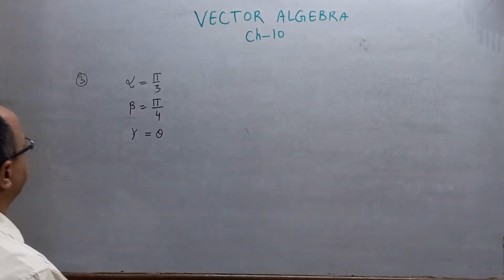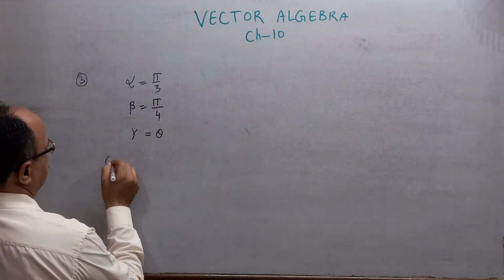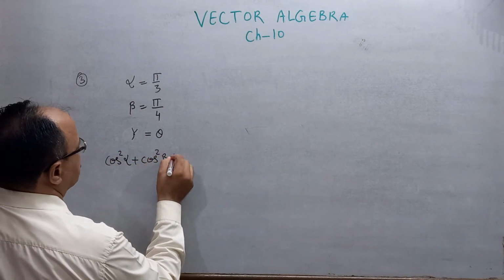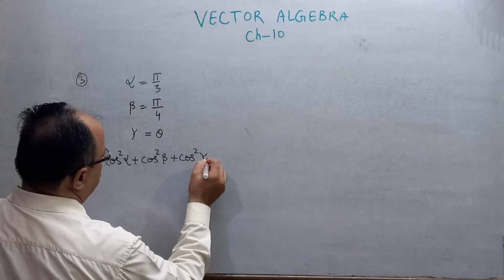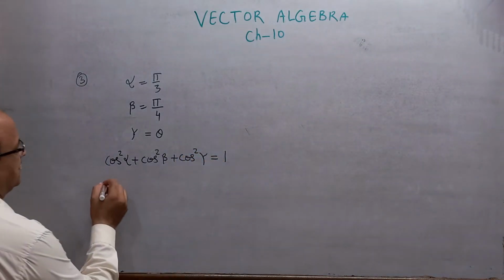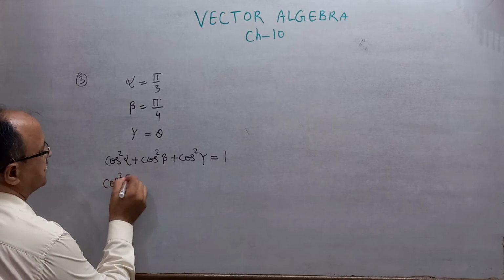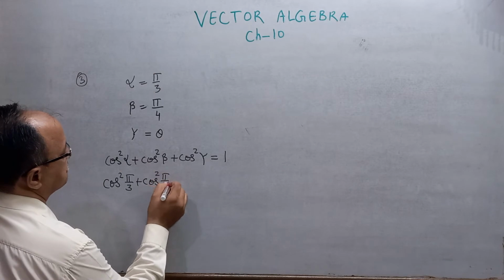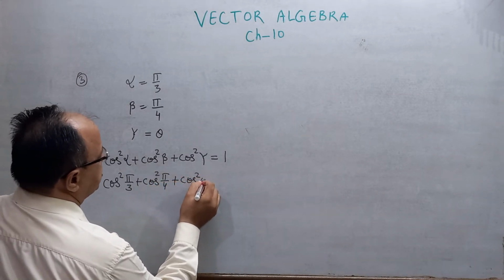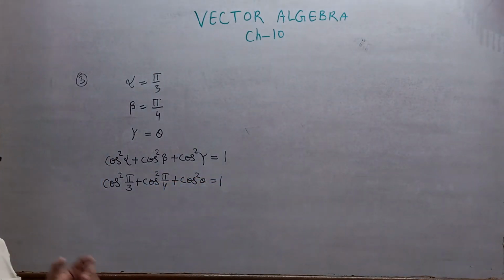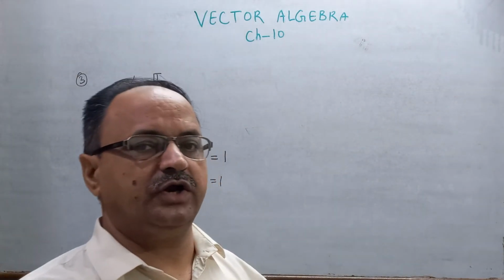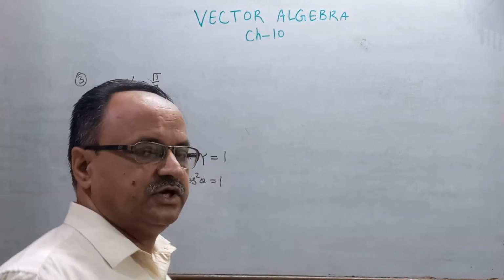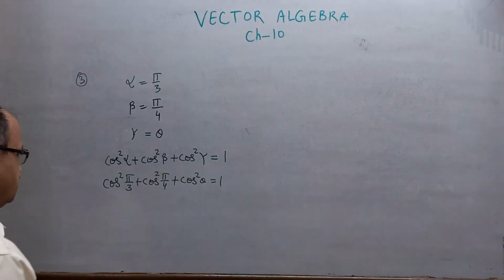You know that formula very well: cos square alpha plus cos square beta plus cos square gamma is equal to 1. So cos square pi by 3 plus cos square pi by 4 plus cos square theta is equal to 1. With the help of this relation you can find theta. Already you know L square plus M square plus N square is equal to 1. This is the relation between direction cosines.